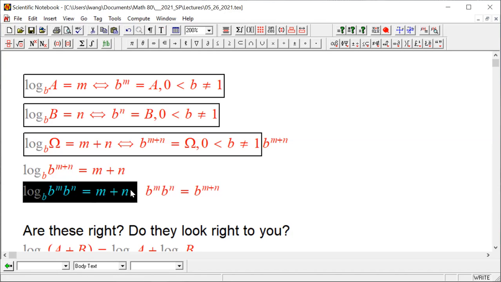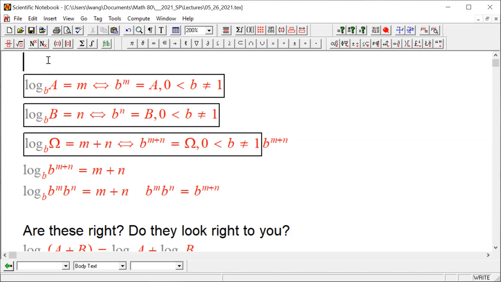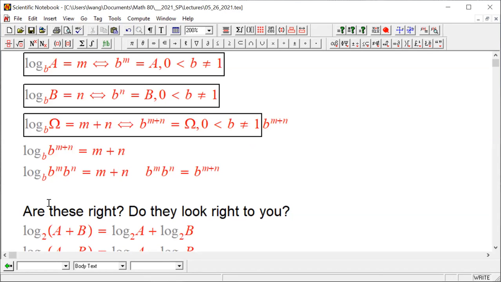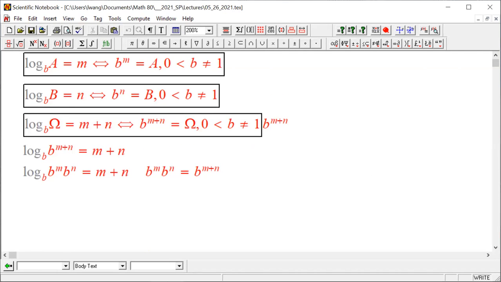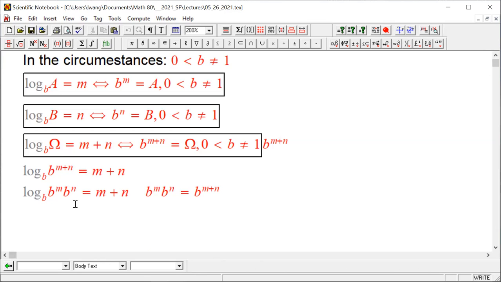So we have a relationship like this under the circumstances. Now, b to the power m, b to the power n. What is b to the power m? B to the power m is a capital A. Do you guys see that?